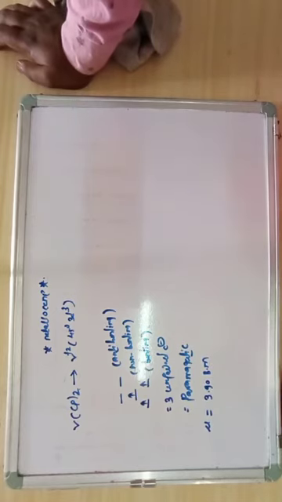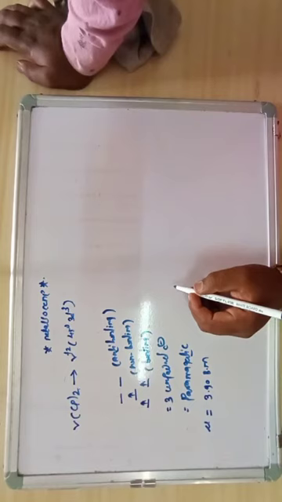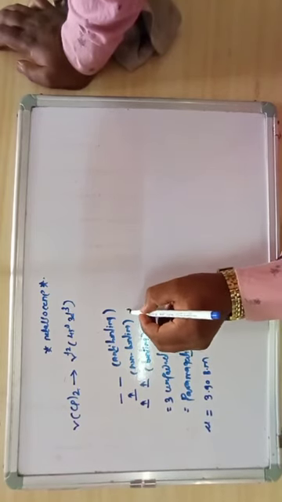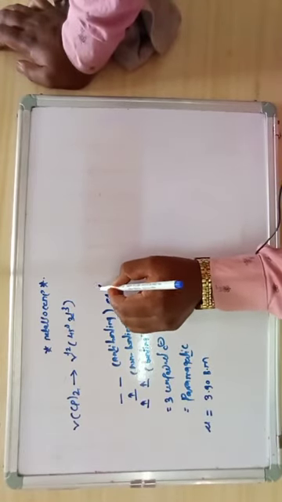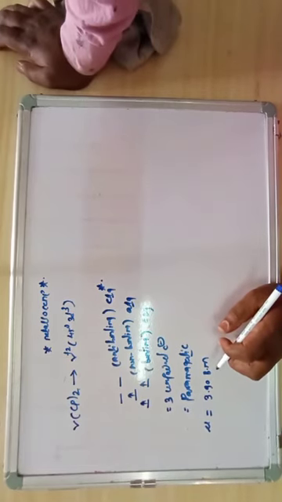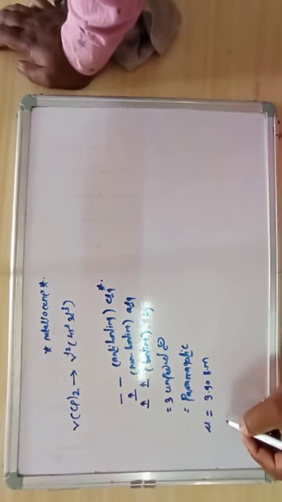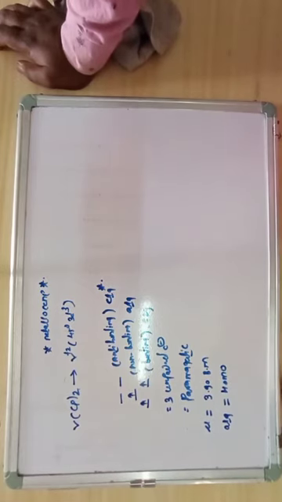Now, the last electron is present in the non-bonding orbital. This is your E2g, this is your A1g, and this is your E1g star antibonding. The last electron is present in the non-bonding A1g orbital, and this A1g is your HOMO, the highest occupied molecular orbital.